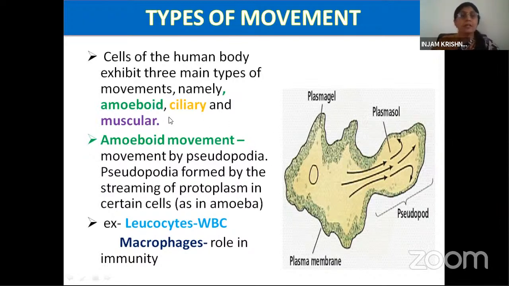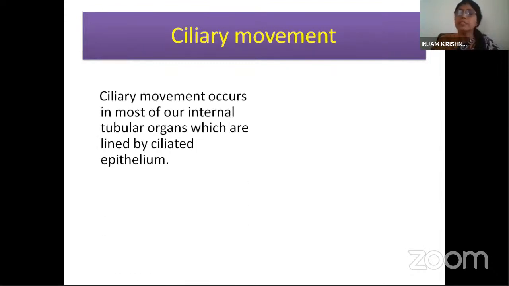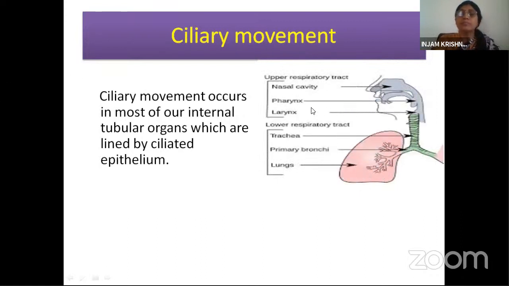Next, the second one is ciliary movement. Cilia. When we hear the word cilia, generally we recall the paramecium. Yes, paramecium has a number of cilia. Do we have them in our human body? Yes, we have. Where? See, what is this one? It is the tracheal system, the respiratory system. So ciliary movement occurs in most of our internal tubular organs, which are lined by ciliated epithelium. Yes, this is the respiratory system.